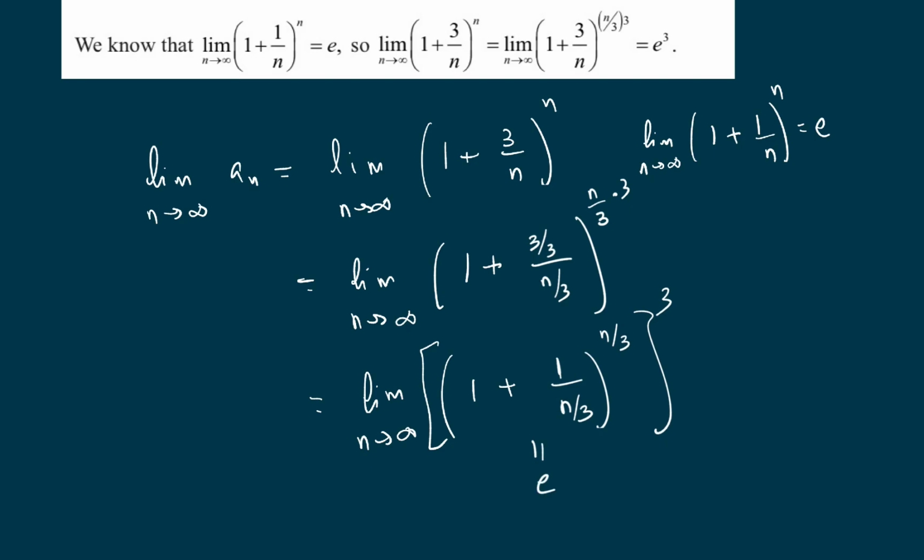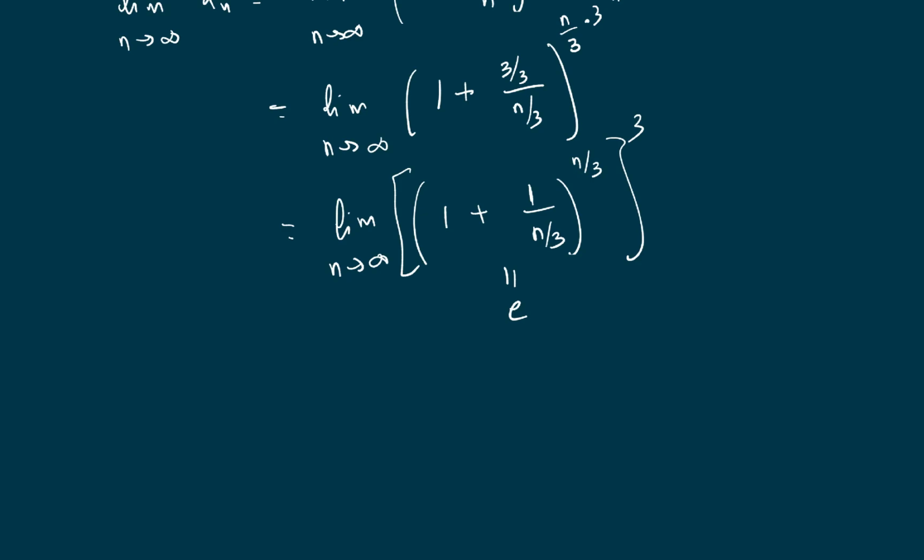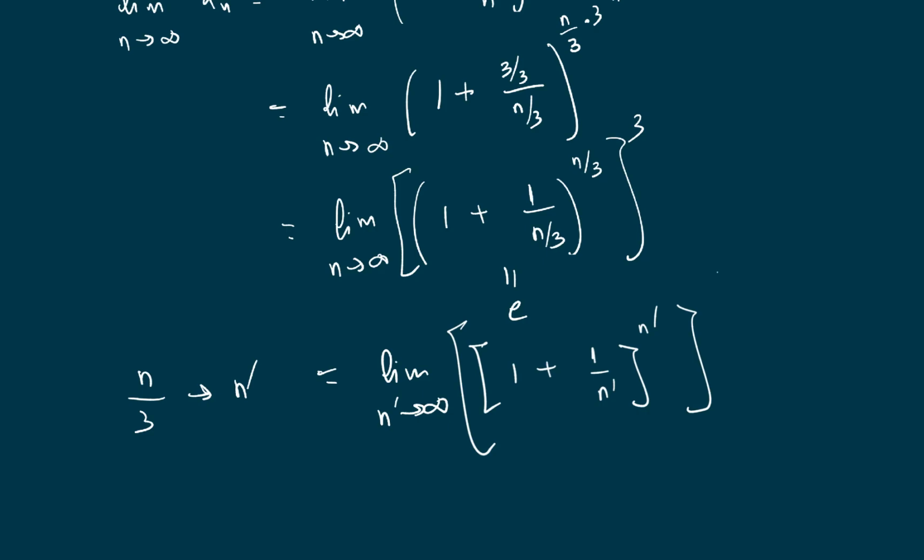You see, this is e, because if you change n divided by 3 by the number n prime, this is the limit when n prime goes to infinity, because when n goes to infinity, n prime goes to infinity, of (1 + 1/n')^n', raised to the power 3.